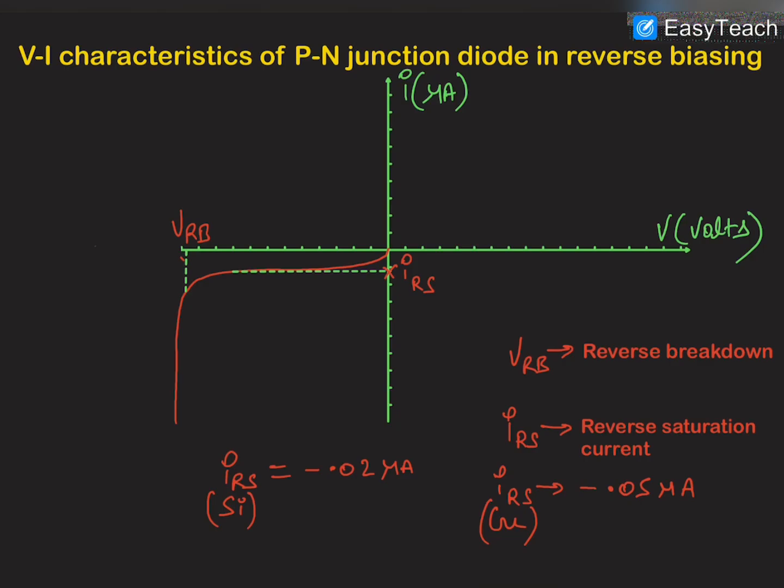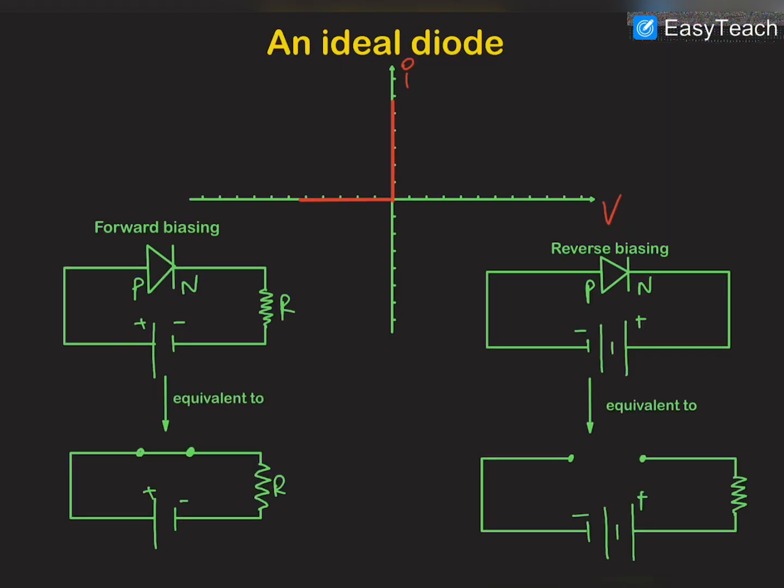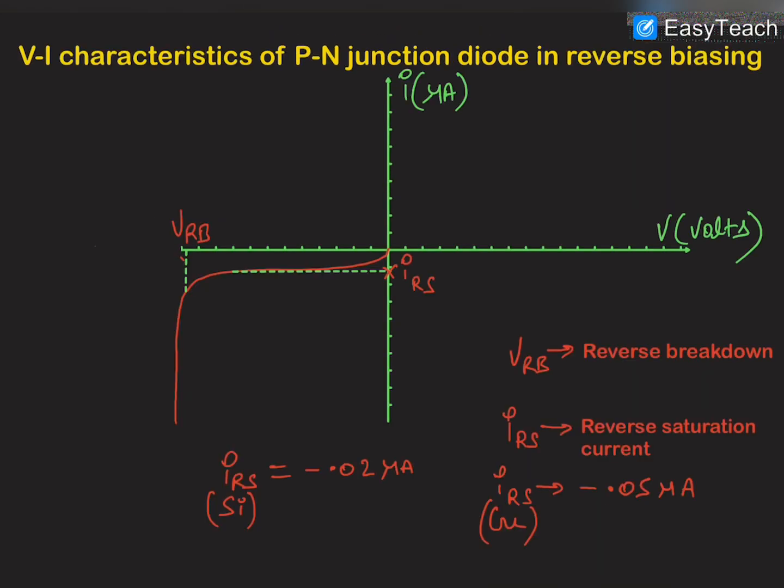So the availability of minority charge carriers at a constant temperature is higher in the germanium diode and lower in the silicon diode. Therefore, the reverse saturation current for germanium is greater than for silicon. So this was the VI characteristic of the reverse biased PN junction diode.